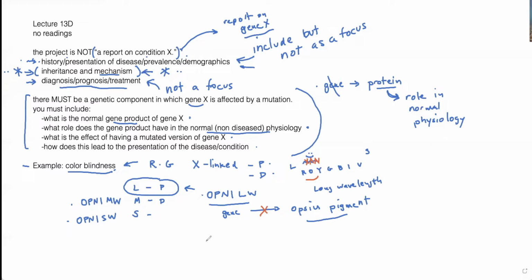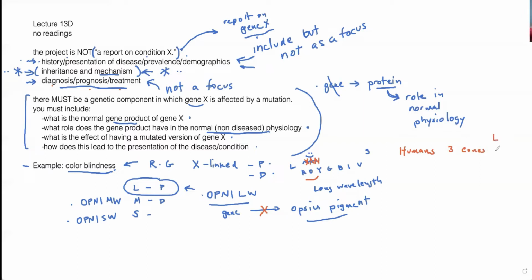Now, what could you do to dress this up? I mean, you could talk about diagnosis and prognosis and treatment. I would kind of like you, if possible, to talk about things that are of more biological interest, right? And so the fact that humans have three pigments, three cones, right?